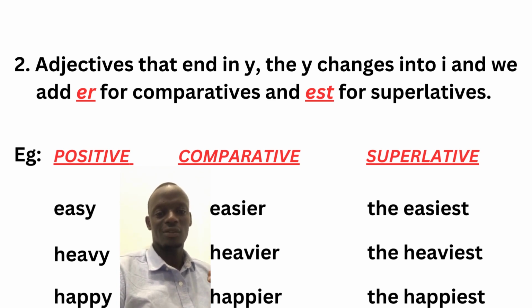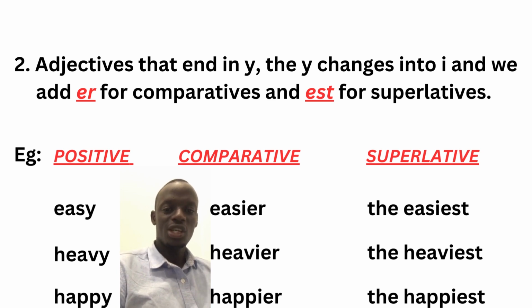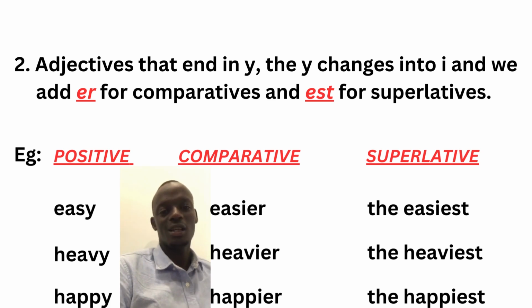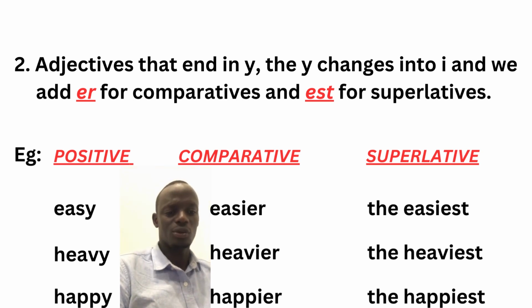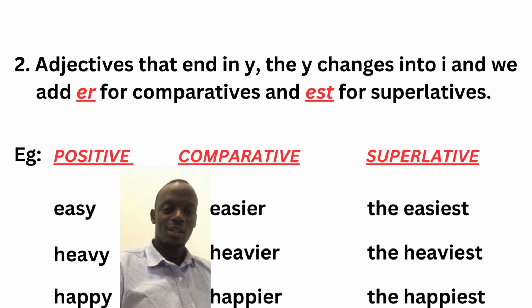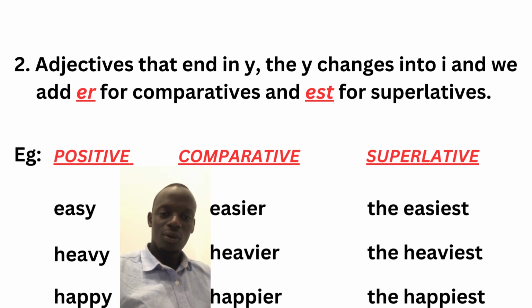Easy is an adjective, yes? We change the last Y into I, then we add ER in comparative. Now we change Y into I, we add EST in superlative. This is how it works. You can see words like heavy, happy. Easy becomes easier, and the superlative easiest. The same way applies to the remaining ones. Okay, so this is how it works.